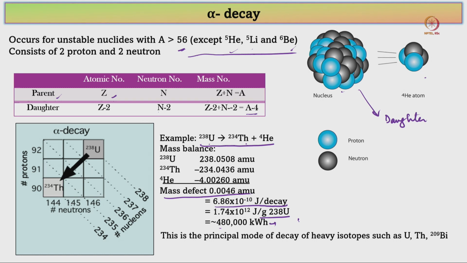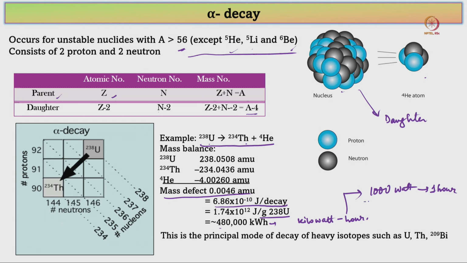This unit is kilowatt hour. To give you an understanding, if you have a 1000 watt, that is 1 kilowatt, appliance, and it is running for 1 hour, that is the energy consumption of that appliance.